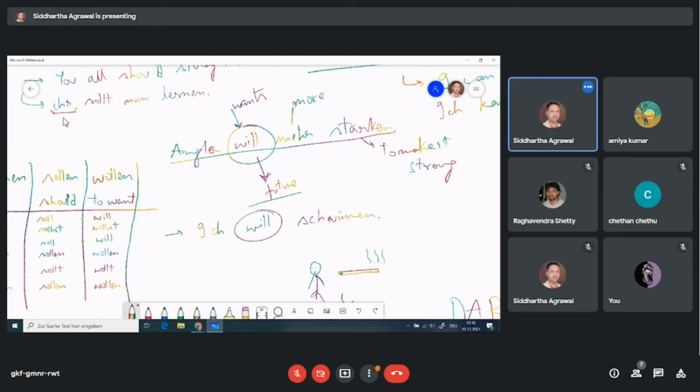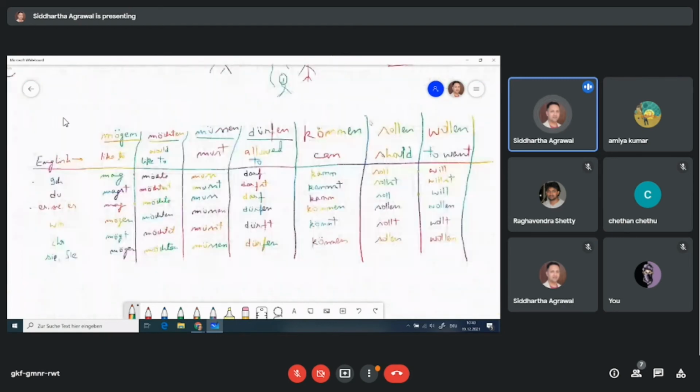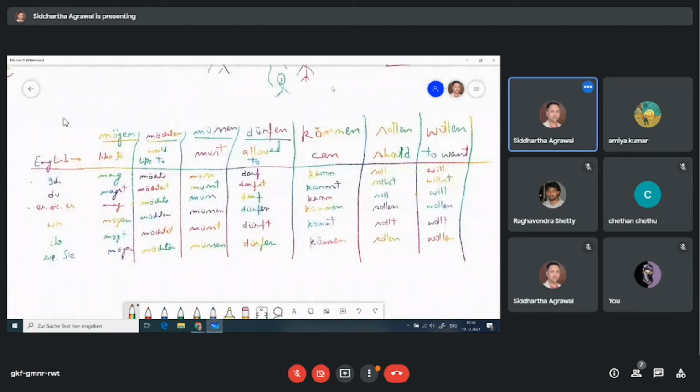So be very careful with this will, because the first time you learn and encounter this word, the first thing that comes to your mind is something related to the future. Okay. Just to revise it once more: ich will, du willst, er sie es will, wir wollen, ihr wollt, sie wollen.